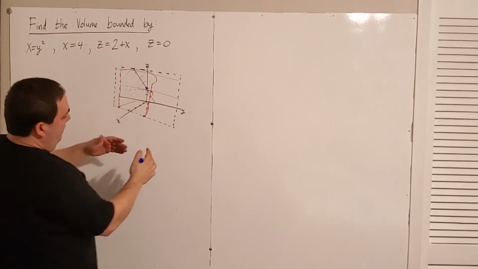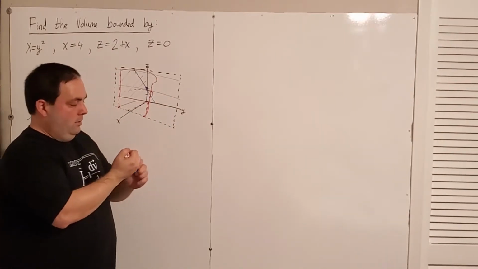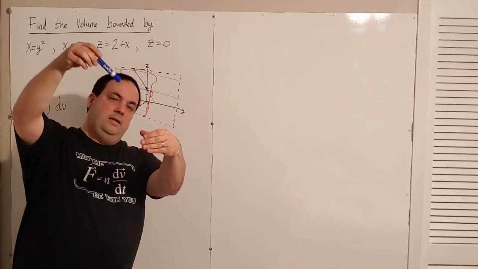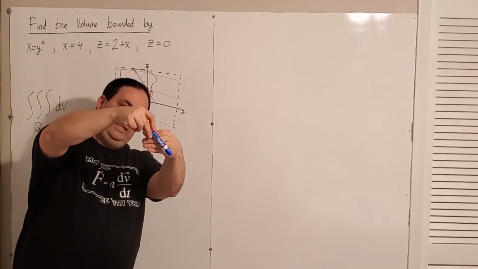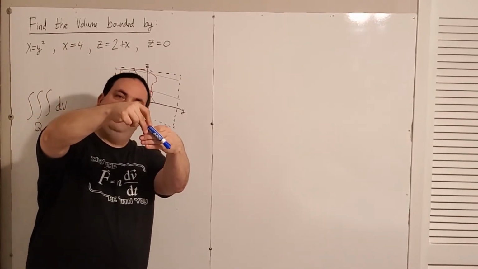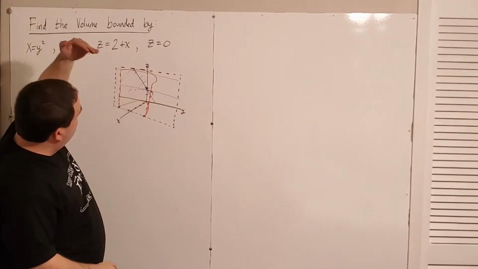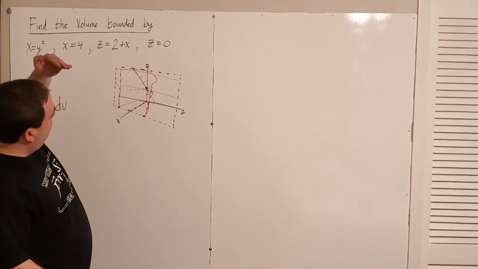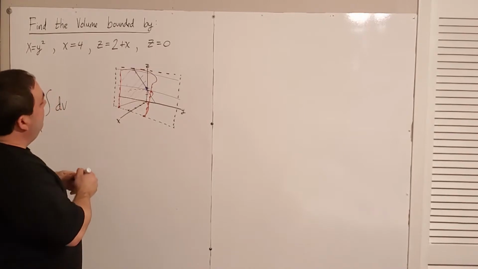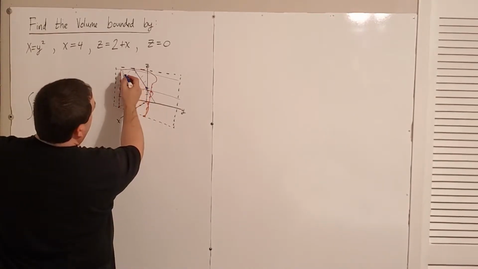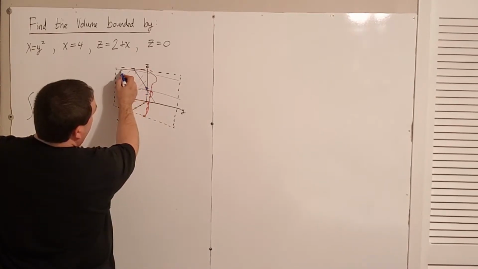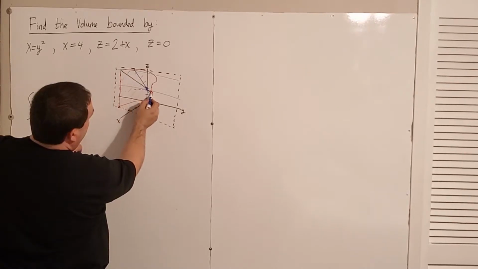So what's actually happening is you're getting your parabolic sheet and the plane is slicing it like this, right? Because the z line with x is coming into the x-axis positively this way. So you're actually going to get like a parabolic slice right here. Like this.